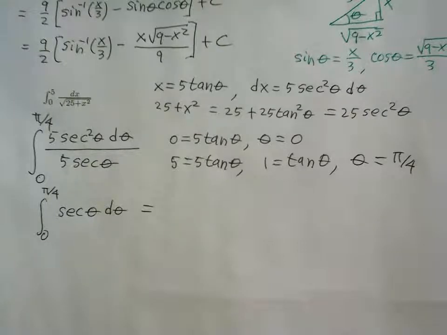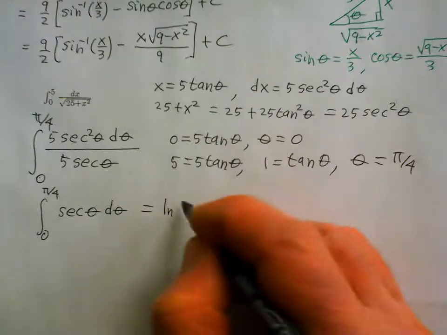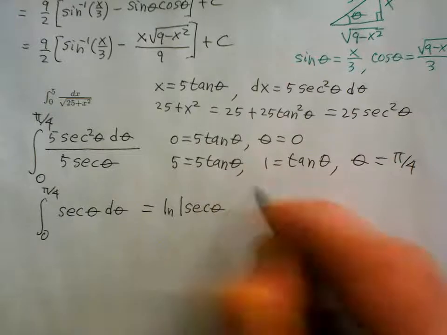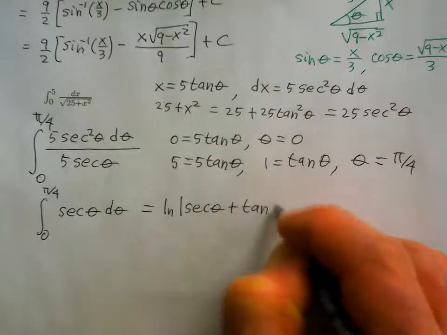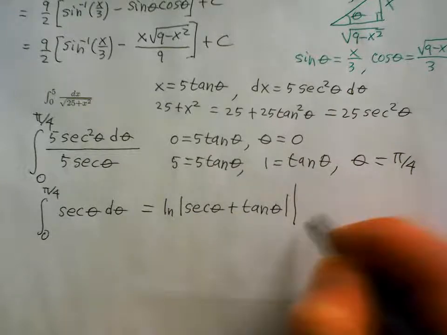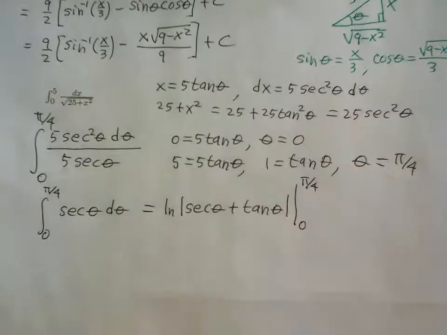An antiderivative for secant of theta. Exactly, the natural log of the absolute value of secant of theta plus tangent of theta. And we're evaluating this between theta equals 0 and theta equals pi over 4.